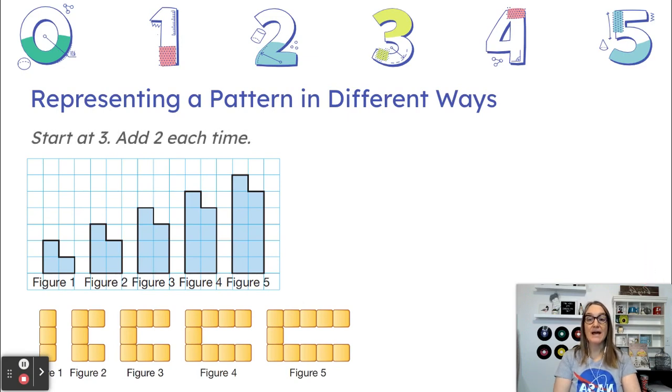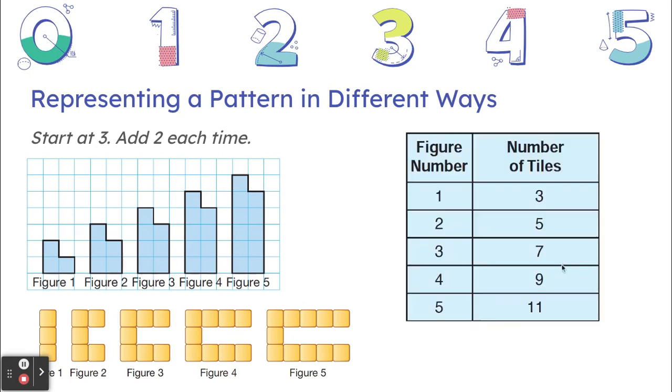each time. And now we can build a table of values based on this pattern. In the table of values, the input column is the figure number, and the output column is the number of squares in each figure. Okay, have a look. So let's take figure number 3, for example. If we look at figure 3 with our integer tiles and figure 3 with our graph paper, we would expect that both of them have 7 tiles.